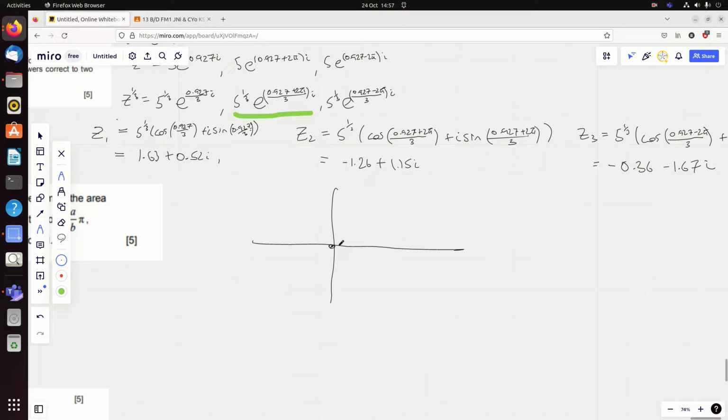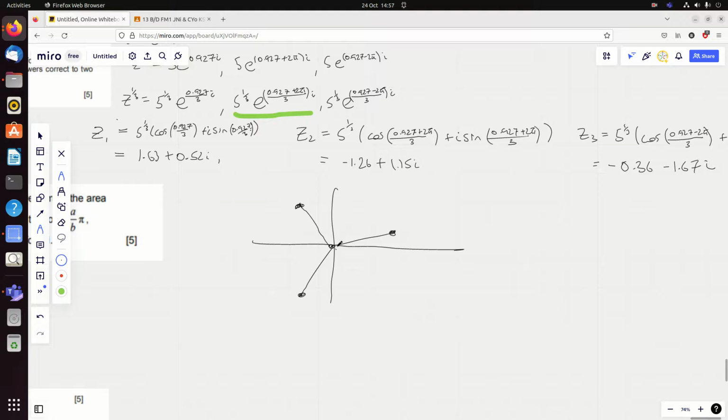Essentially we've got this one, then 1.63, 0.52, and then maybe one over here, one down here where it's both negative. It should form an equilateral triangle. Whenever you find these nth roots of unity, that always makes the same thing.